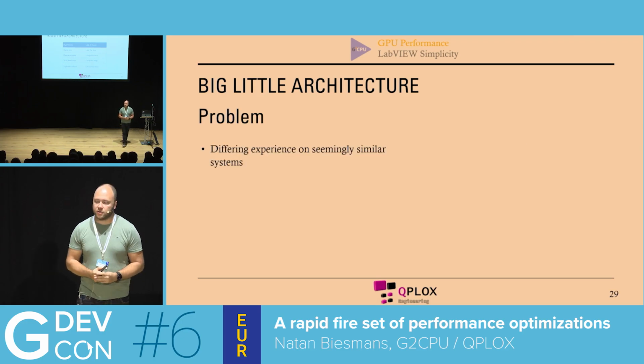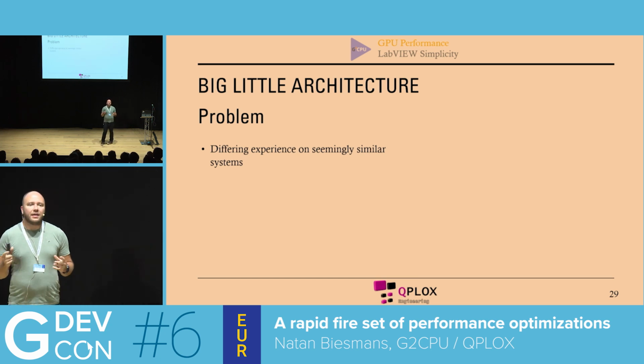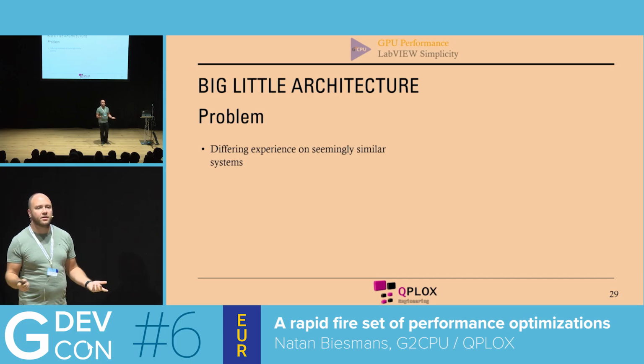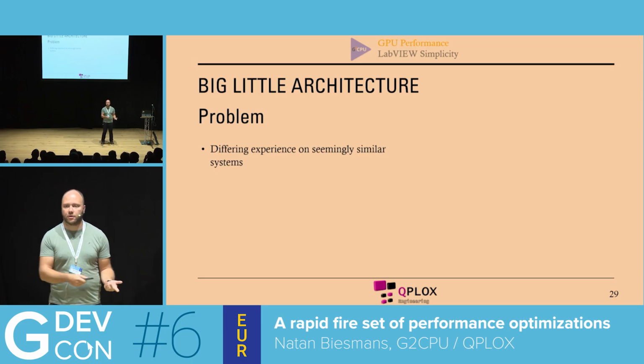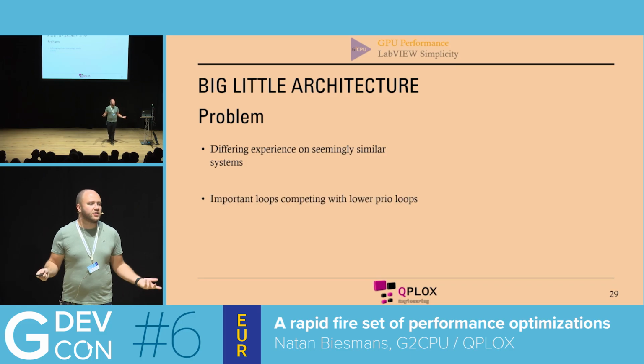And this can cause issues. Again, problem. A customer comes and says, well, we bought the same system, a 16-core, 3 gigahertz, but suddenly we're not meeting specifications, and then you go, oh, well, procurement actually chose the cheaper CPU with more efficiency cores than performance cores, and suddenly the system is stuttering.